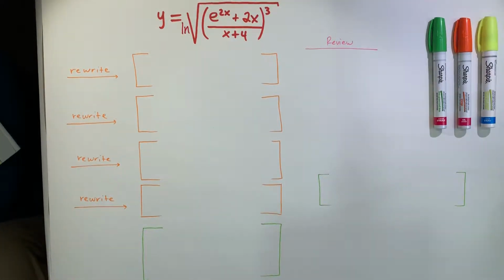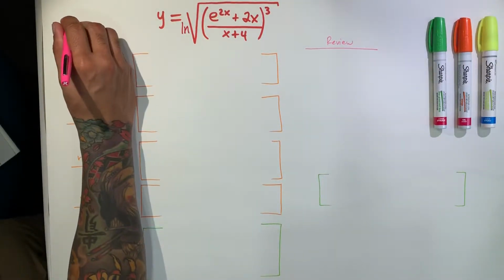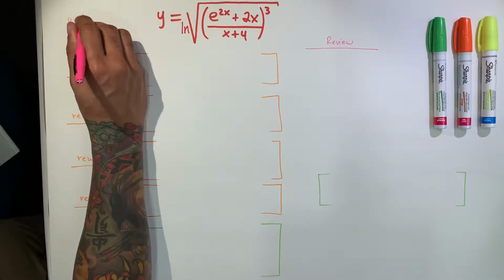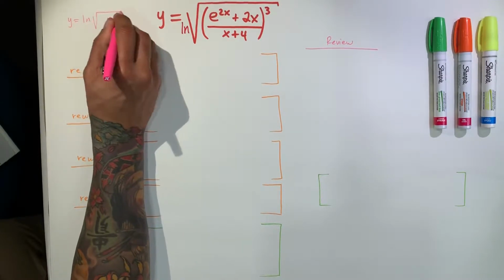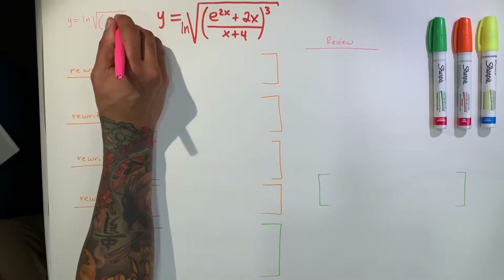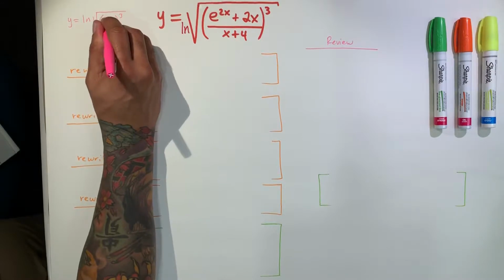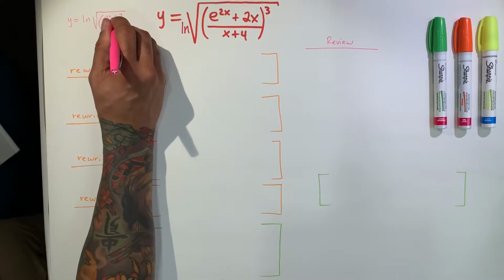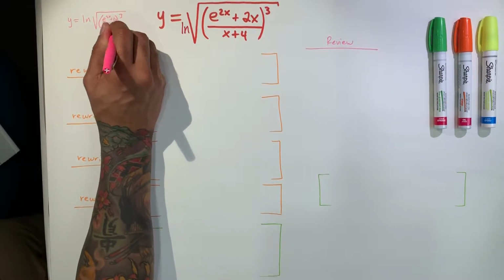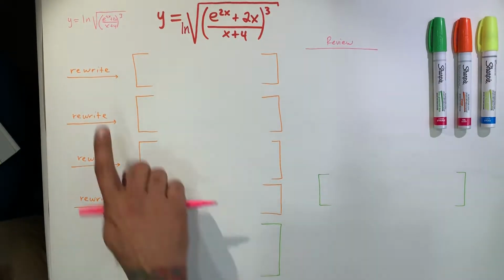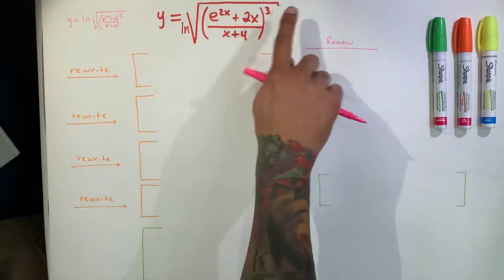All right, so there's an ln outside. So I'll just write it here: y is equal to ln of the square root of e to the 2x plus 2x over x plus 4. Okay, so this is how it looks. There's ln square root of everything.